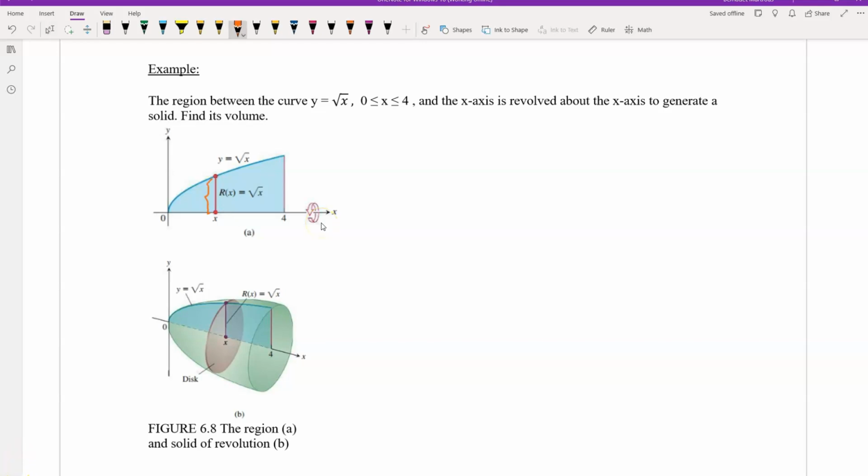So based on what we have, we import the region y equal to square root of x. This one revolves about the x-axis, and this line here, after revolving about the x-axis, is going to create a disk.